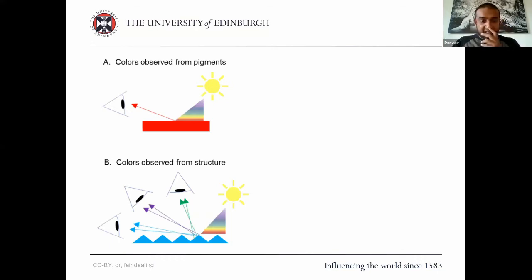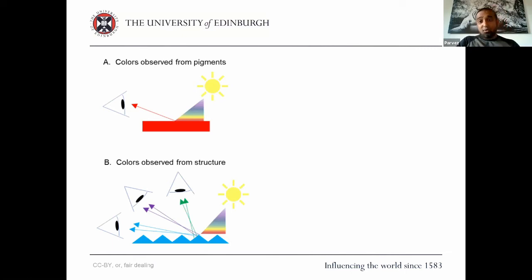Essentially, when that happens, if you look at a particular structure at a particular angle, let's say 75 degrees, you might see green, whereas if you look at it from 15 degrees, you might see purple or blue or something like that. So it is ultimately dependent on the angle at which you're looking at it.